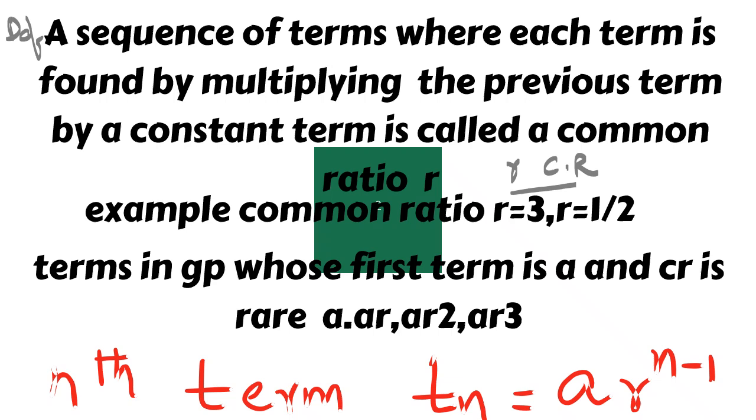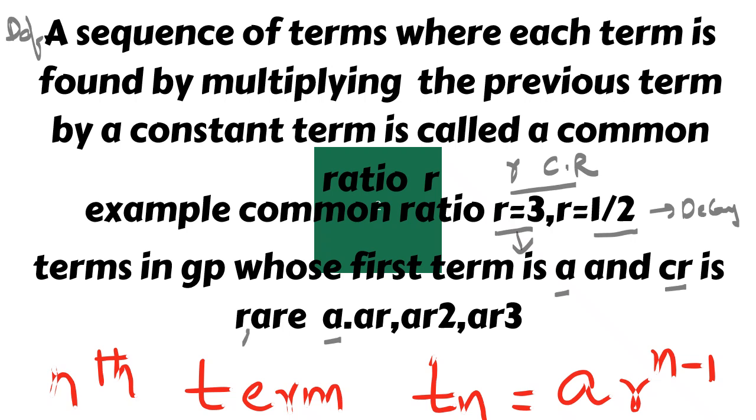Example: if the common ratio r is equal to 3, that means growth, and r equal to 1 by 2, less than 1, is meant for decreasing or decay. Usually the terms in GP: the first term is a, and the common ratio is some r.